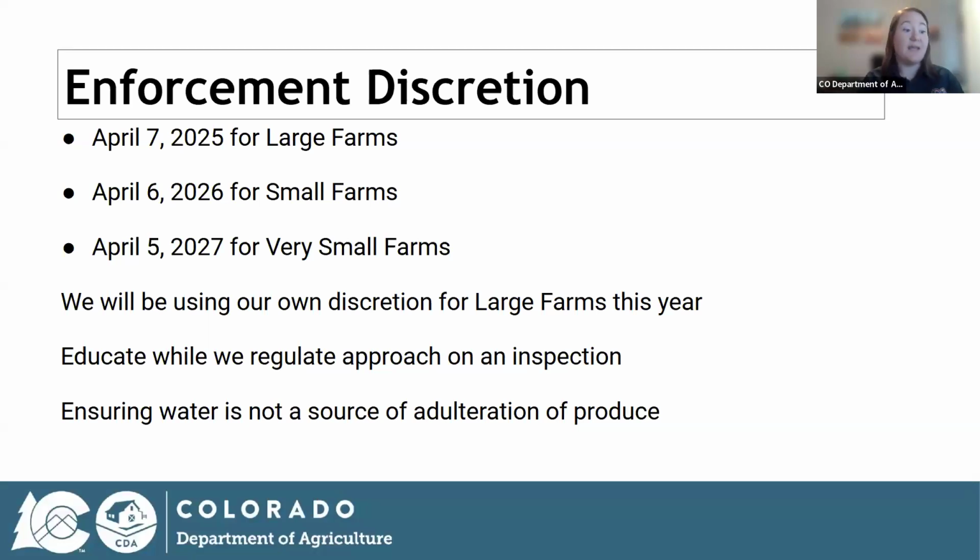But unless there's something egregious that an inspector is seeing with your pre-harvest ag water, it's just going to be a conversation, because we have not been given the proper training to give you the information that you need. So just an FYI. Yes, you do lose your enforcement discretion, but we aren't seeing it that way. So if you have any questions, feel free to reach out if you are getting inspected this year and want to know exactly what we would be looking for.